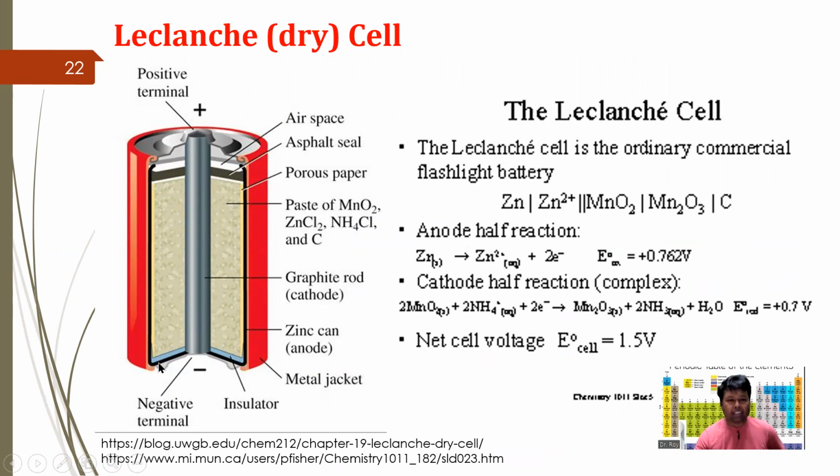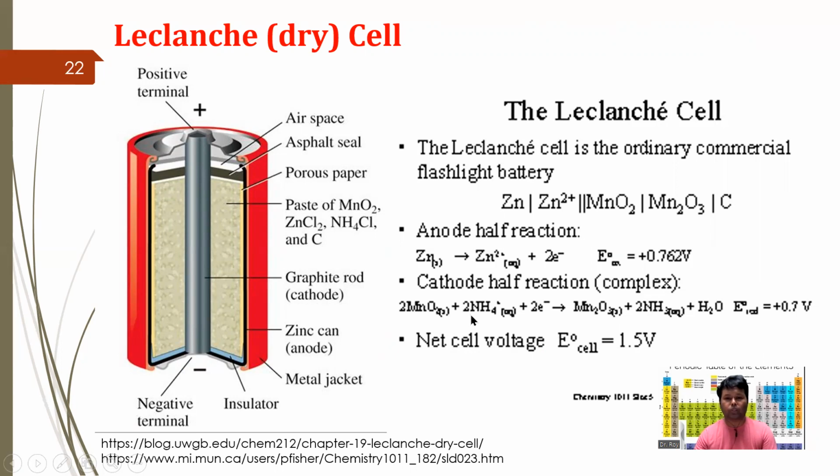Outside we have a zinc coating, which is used as the electrode, and this is our graphite, that is used as the cathode. Half reaction: manganese oxide and manganese oxide ammonium. Here inside we have some electrolyte.